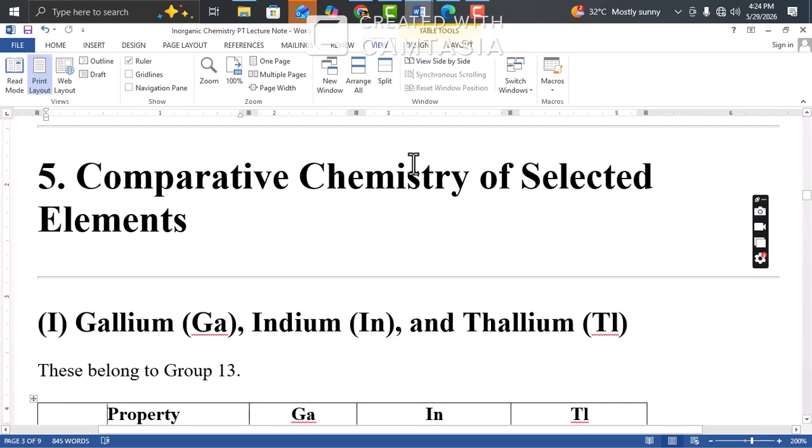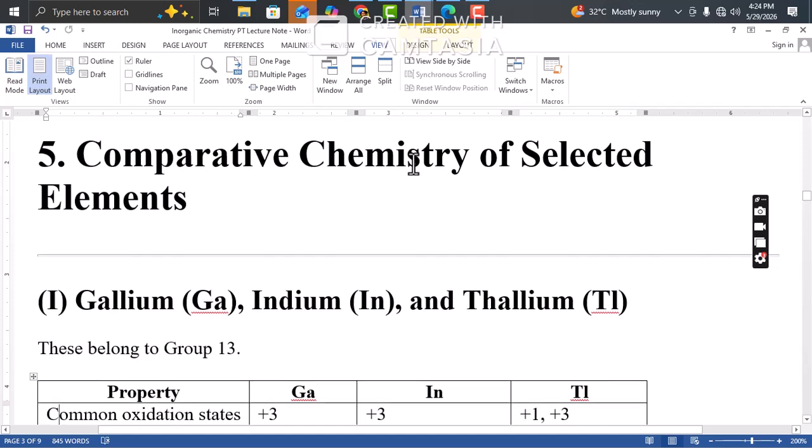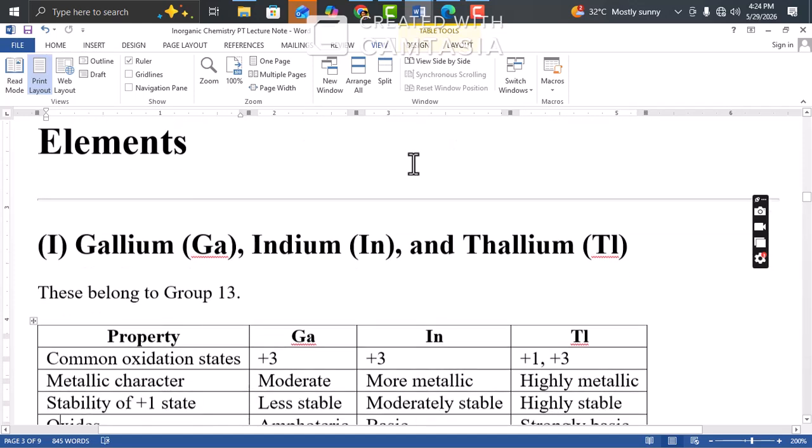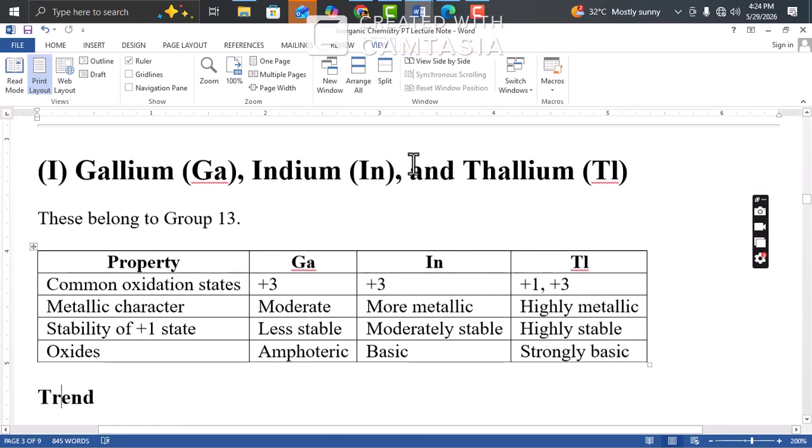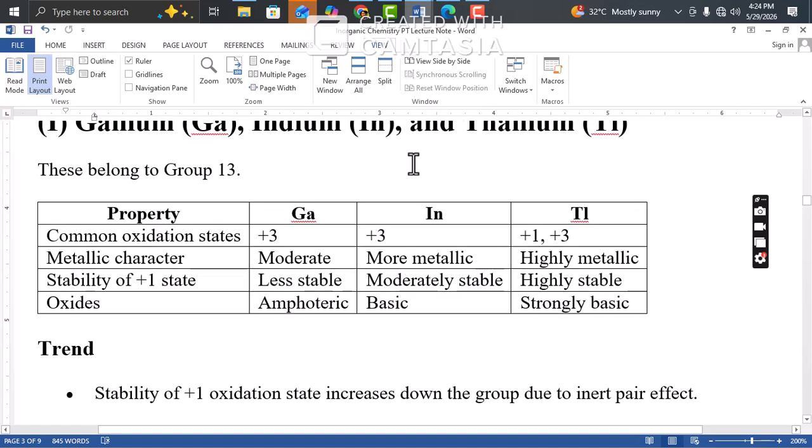Now in this section, we are comparing elements in particular groups, starting from group 13. In group 13, we have gallium, indium, and thallium. I can ask you to compare the three, maybe give me three properties. First, common oxidation states: gallium +3, indium +3, thallium +1 and +3.